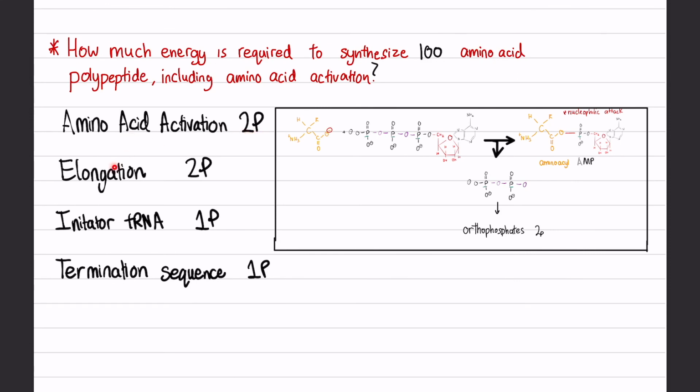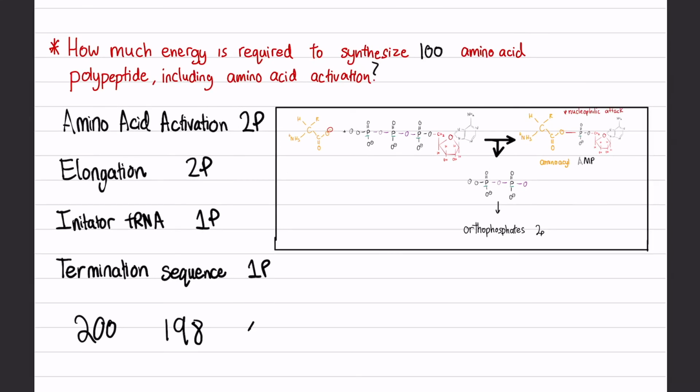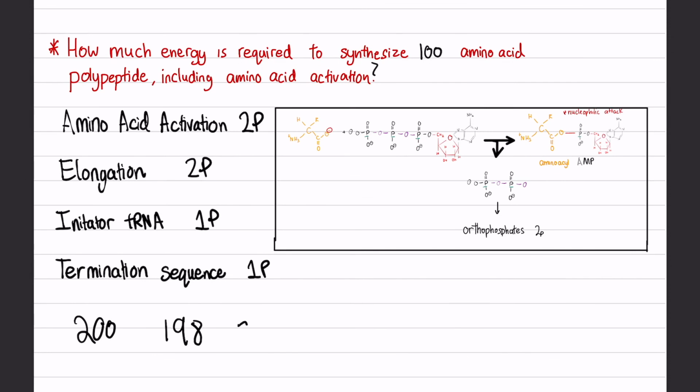And then for elongation, we have 99 elongation steps, so 99 times 2 is 198. Then initiation requires 1, and the termination sequence needs 1 more. So that boils down to 400.